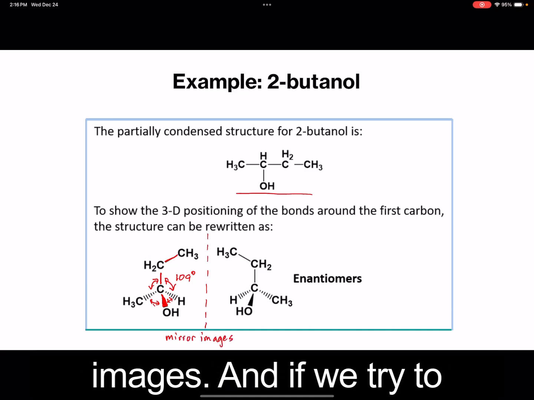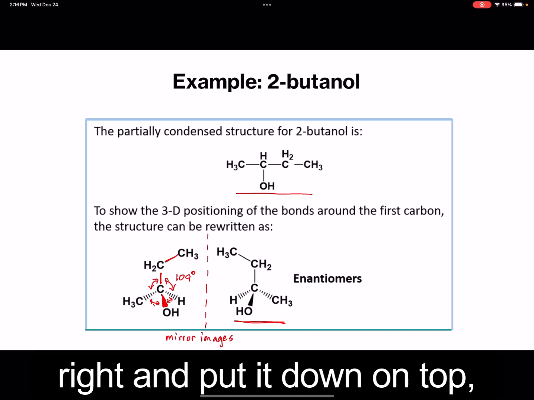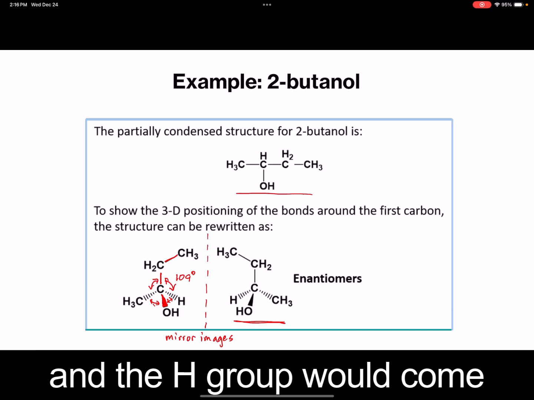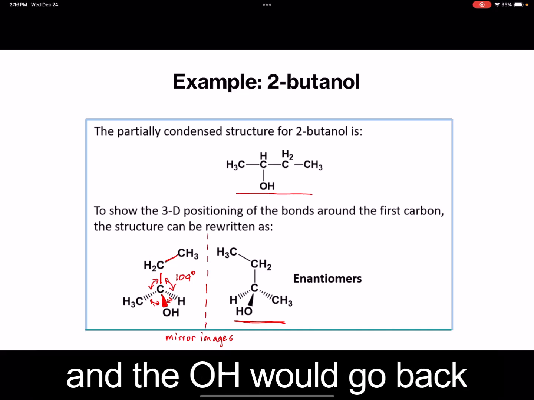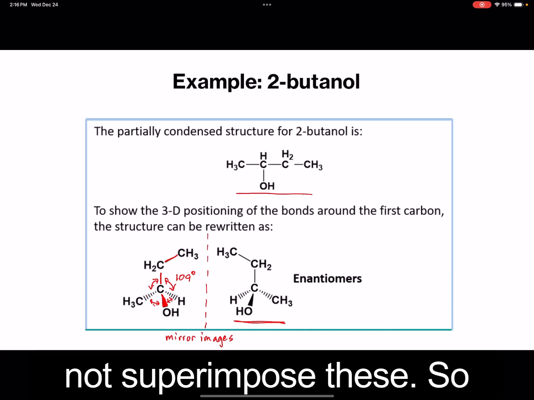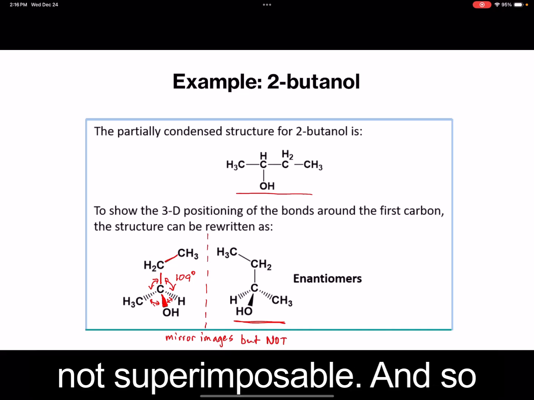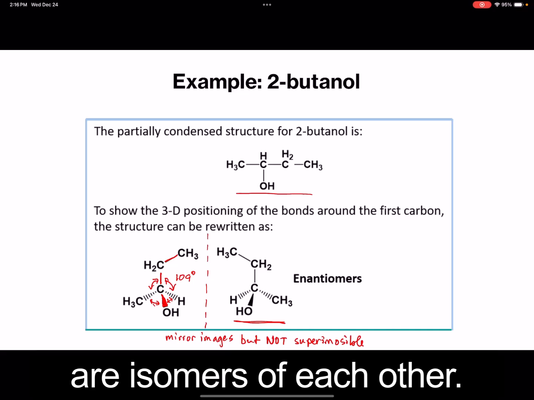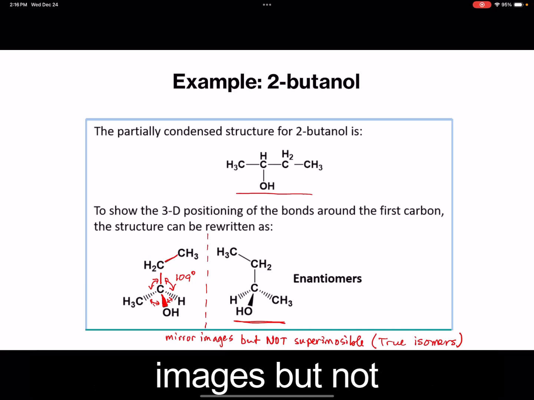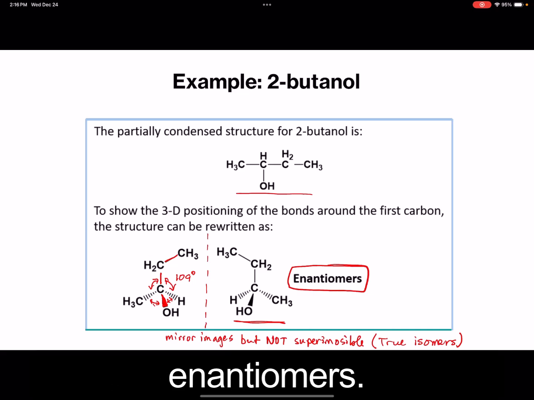And if we tried to superimpose this one on top of this one, if we rotated it and put it down on top, we would see that the CH3 and the H group would come out of the paper towards us, and the OH would go back into the board, and we could not superimpose these. So these are mirror images, but not superimposable. And so these are isomers of each other. So these are true isomers. And when they're exact mirror images, but not superimposable, the name of those isomers is enantiomers.